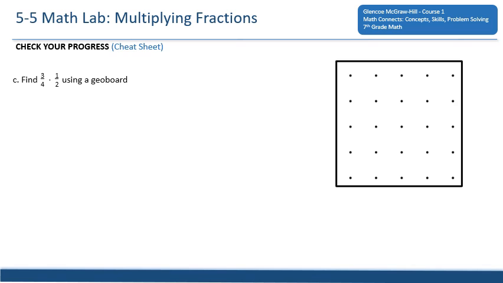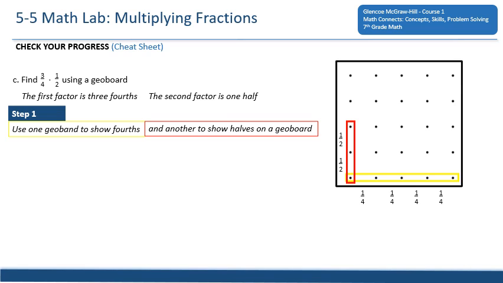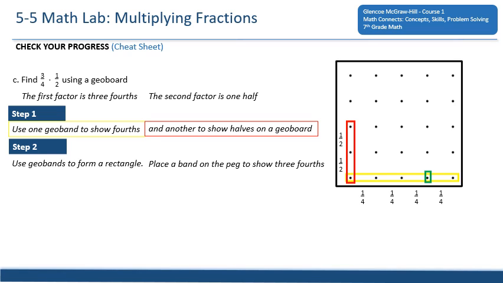Find 3/4 times 1/2. The first factor is 3/4, and the second factor is 1/2. We're going to do 1/4 with yellow, and we'll use red to show 1/2. Use geobands to form a rectangle, so it's 3/4. We're going to go 3 spaces to the right, and it's times 1/2, so we're going to go 1 space up.